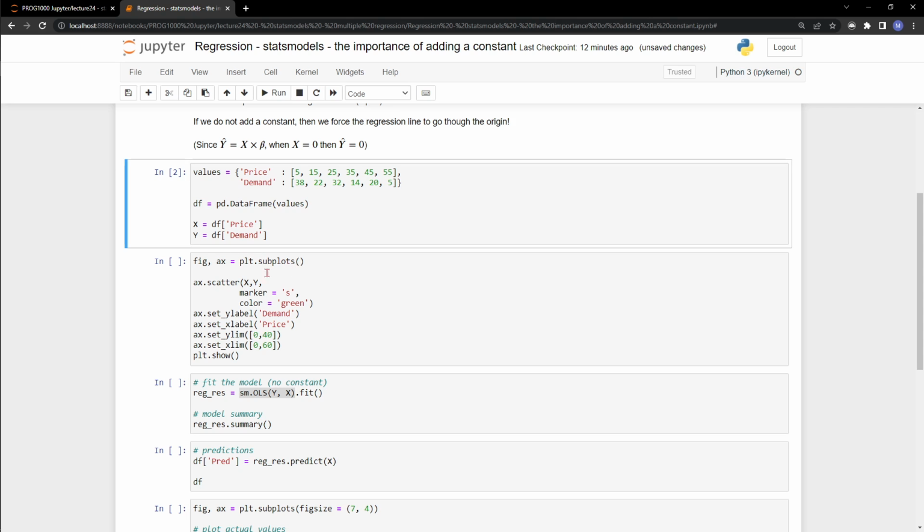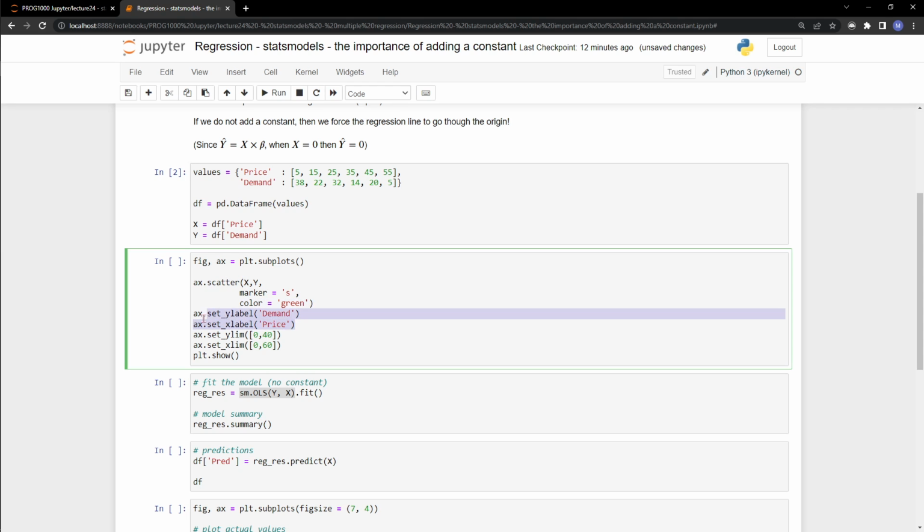And we are going to use the subplots method, and we just make a scatter plot of x and y, and we want the markers to be square and the colors of the markers to be green. We set an x label and a y label, and we want to set the limits here because we want to show the origin, where y is 0 and x is 0.